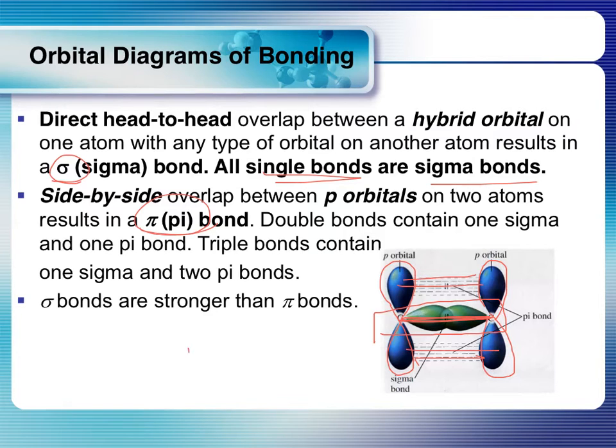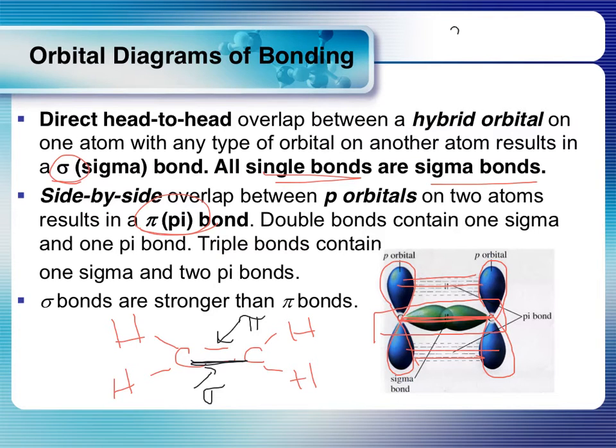So if you have a double bond, one of those bonds in the double bond is a sigma bond, a direct head-to-head overlap, and the other bond is always a pi bond.